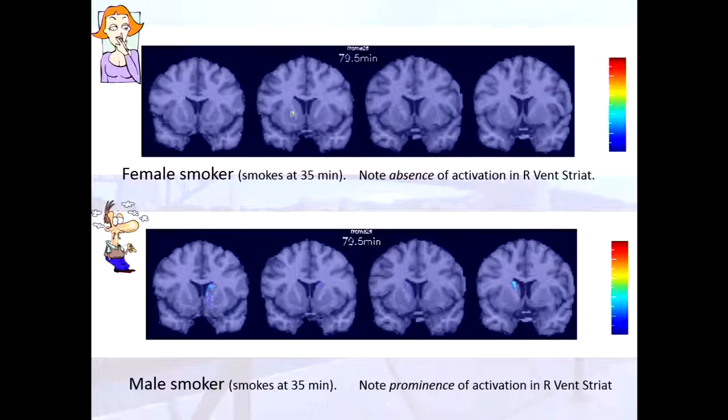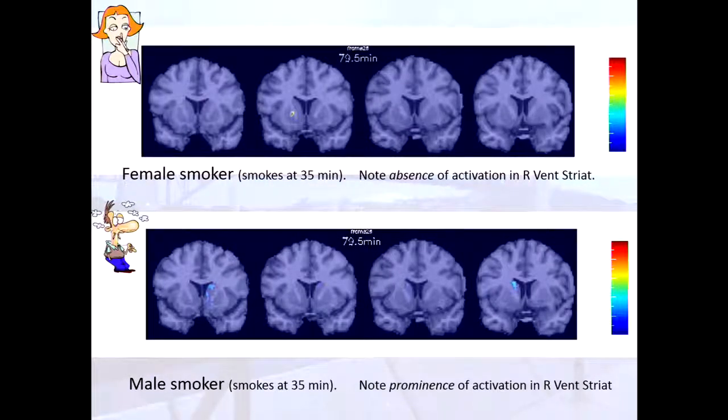I'm trying to get the movie on the bottom to run first, which is the male. Okay, is anything moving? Now, on the bottom, there it is. So the male, on my screen, there's right ventral striatal activity, and in the woman, is it running now? It did run? Okay, there's more dorsal activity.